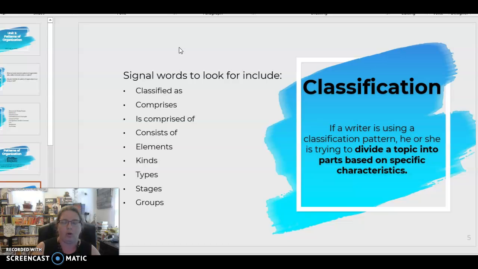I'm not going to read them all. You can read. But definitely, if you're talking about the different types of something, or different categories of, or these categories consist of, those are keywords that would indicate that the author is using the classification pattern.